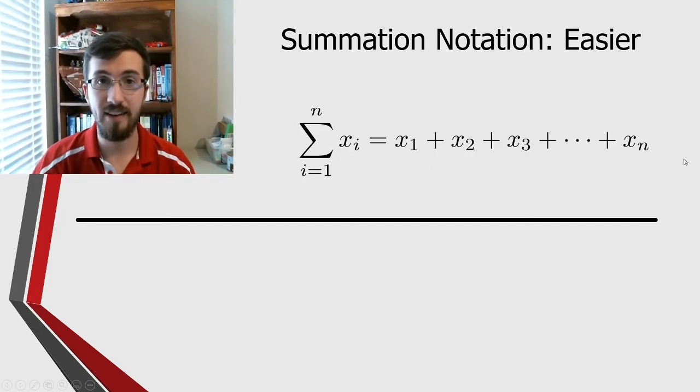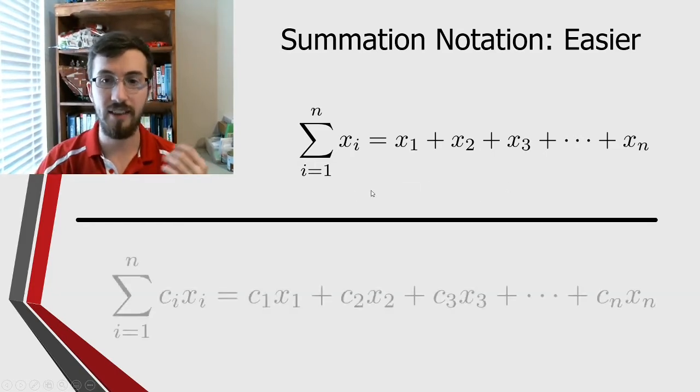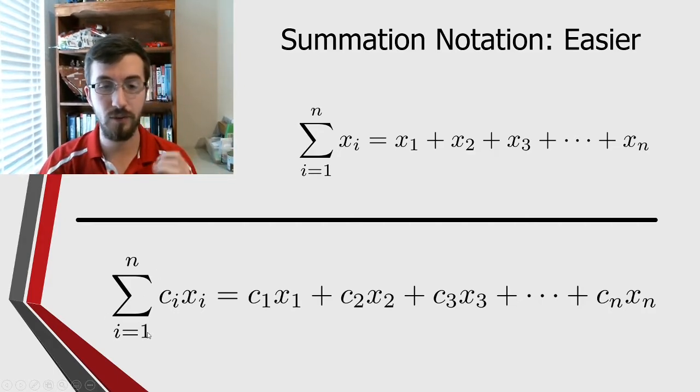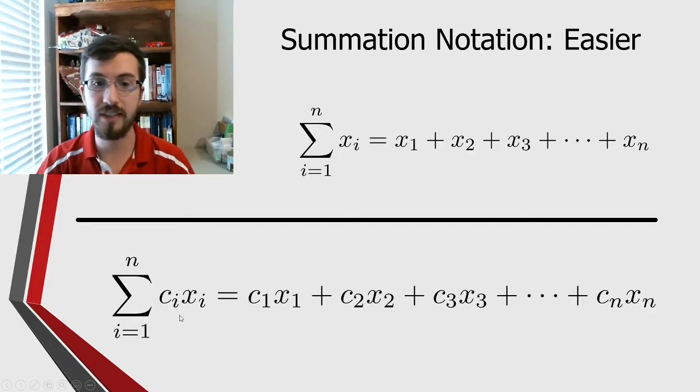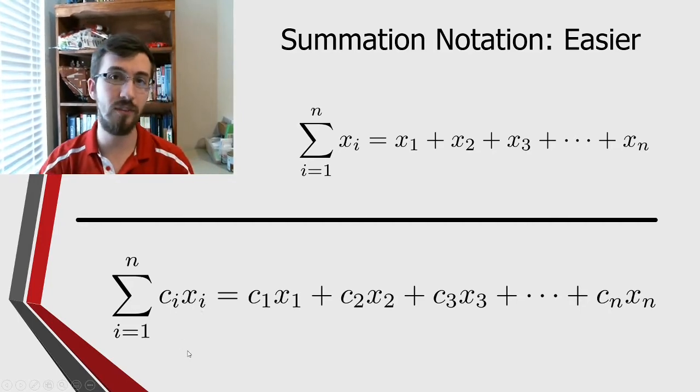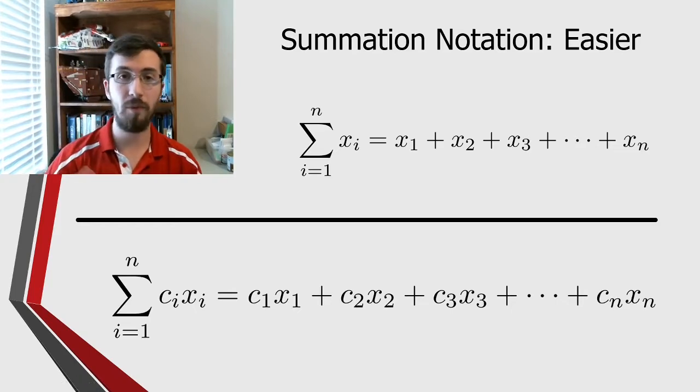And that's it. So even though it looks really scary, it's not that bad when you take a second, write it out, and think through it. Let's look at this next one. Sum as i goes from 1 to n of ci xi. So c maybe is just a number that goes in front of our variable. We're multiplying.